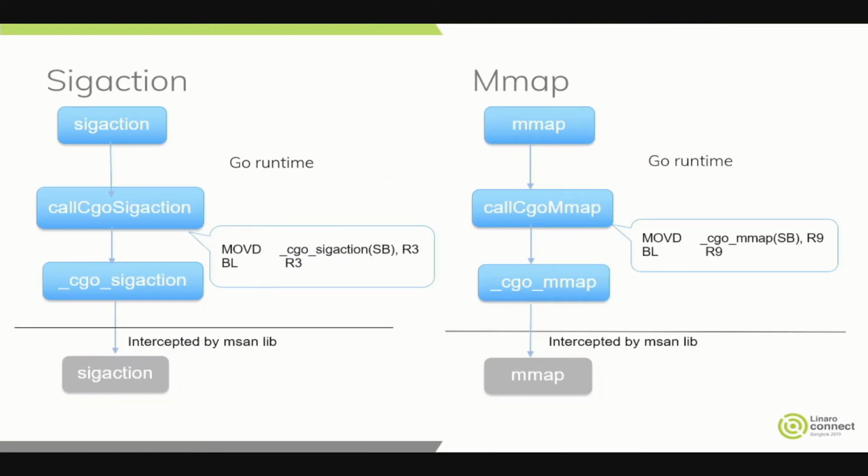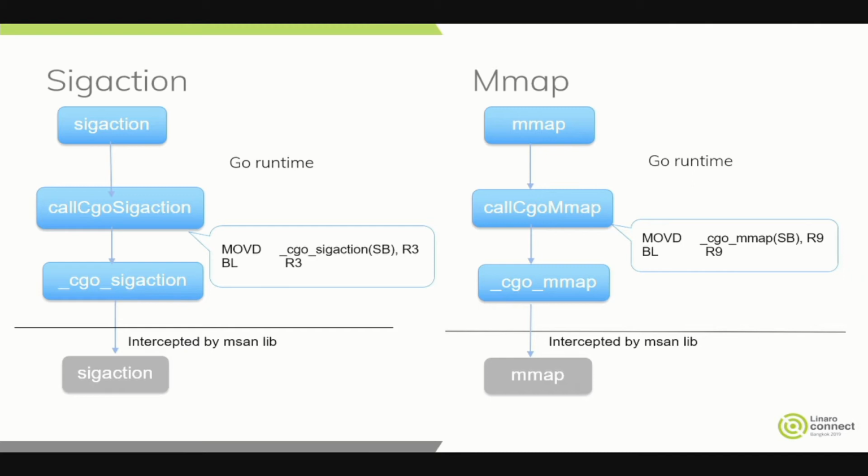Okay. There are two special instrumentations I'd like to mention. One is the instrumentation of the signal handler to trace the state and print the warning when use of uninitialized memory occurs.